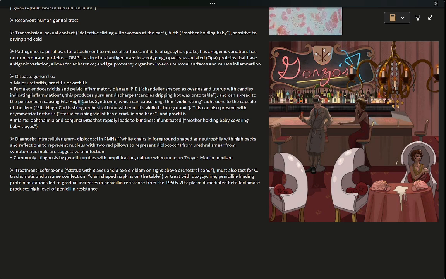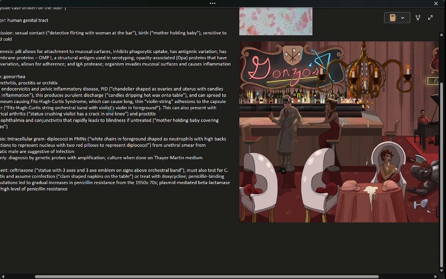And so the Fitz-Hugh-Curtis syndrome can cause long, thin, violin-string adhesions to the capsule of the liver. And the way to remember this syndrome and the violin-string adhesions to the liver capsule is to think about the Fitz-Hugh-Curtis string orchestral band with the violinist's violin in the foreground.